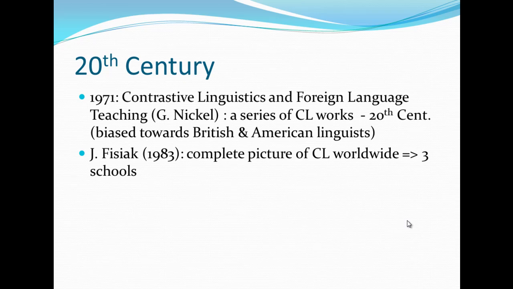Taking Europe as a center, they tend to view other languages in the world as being similar, or having the same rules and structure as those in Europe.